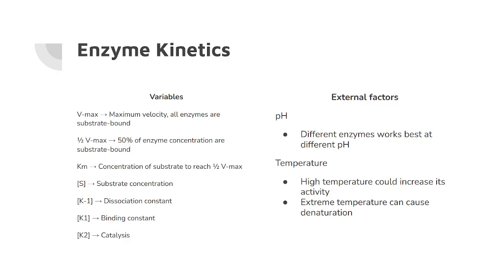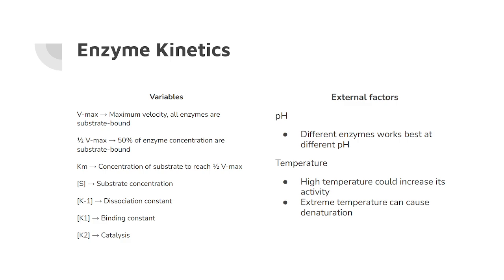What that essentially means is that even if the enzyme binds to the substrate, there is a probability that the substrate is going to be dissociated from the enzyme, which gives us this dissociation constant. However, that is the opposite of K1, which is the binding constant, where the enzyme actually binds to the substrate.